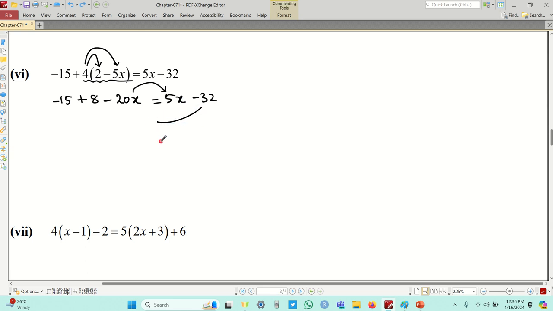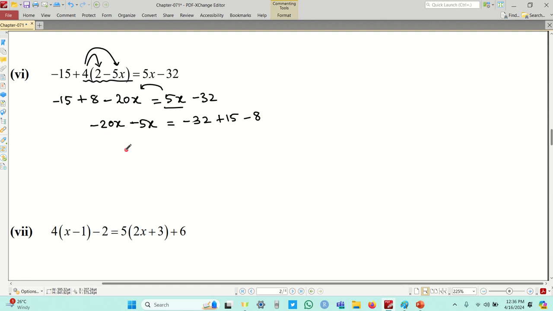It is not necessary to do it like this. You can take the x term here and this term here. So it is up to you. So I will solve: minus 20x and plus this is plus 5, so it will come minus 5x, is equal to minus 32. Now minus 15 will become plus 15 and plus 8 will become minus 8.